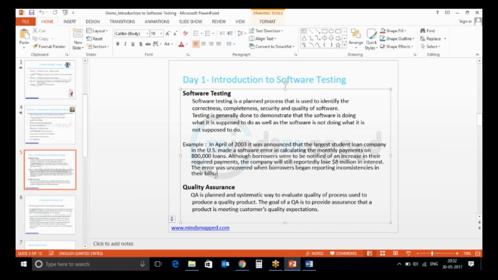So using the documents and following the correct process to test the software to ensure quality of the product is called quality assurance. When we talk about quality assurance, there are some tools in the market which are used, like Quality Center.